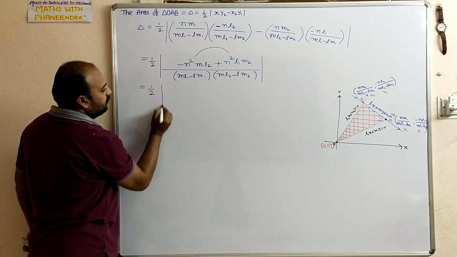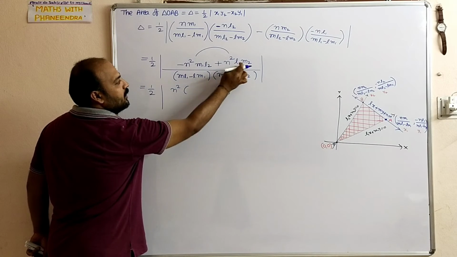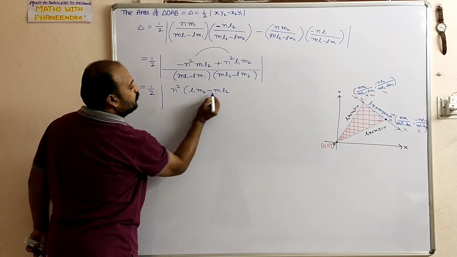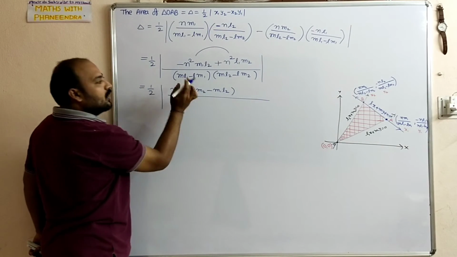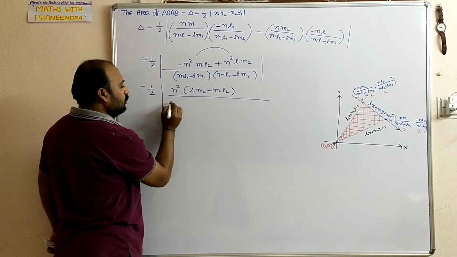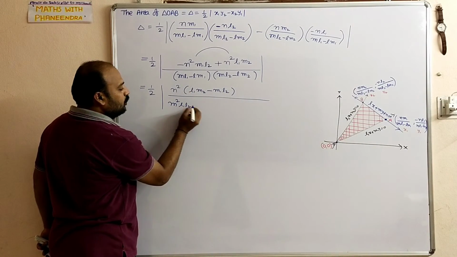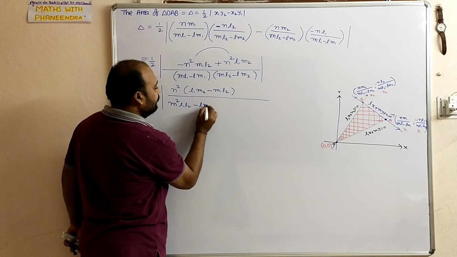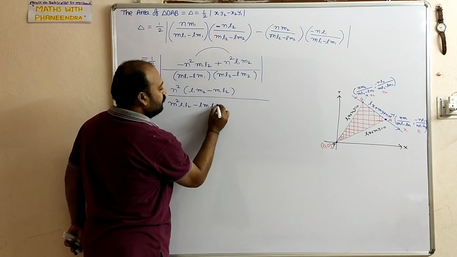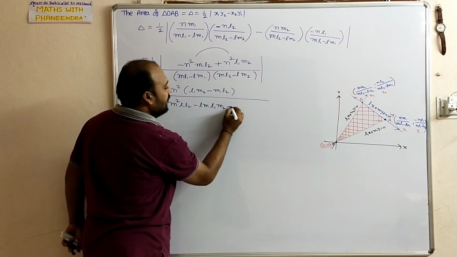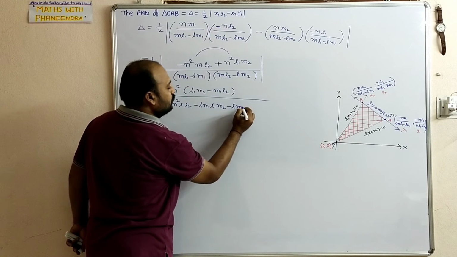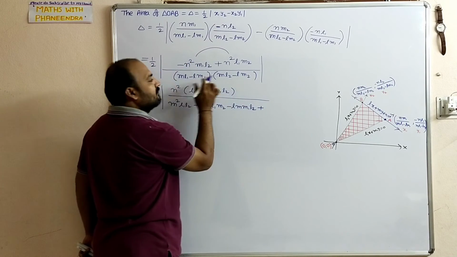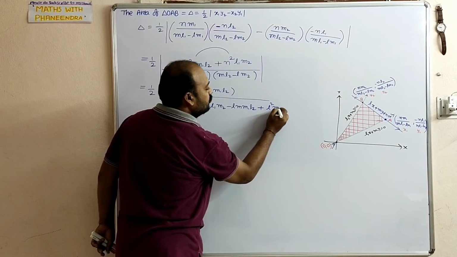Half into n square, first you write the positive term, L1 M2 minus M1 L2, divided by the actual multiplication ML1 into ML2: M square L1 L2. Next, ML1 minus LM1 minus LM L1 M2. Next, multiply these two, minus LM into M1 L2. Next, minus into minus is plus, LM1 into LM2, L square M1 M2.